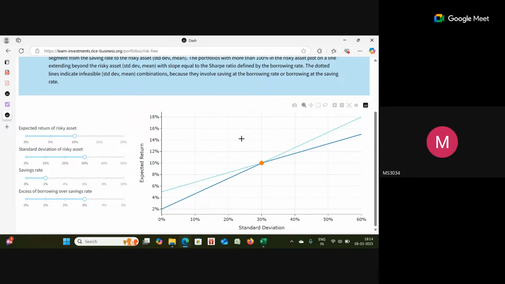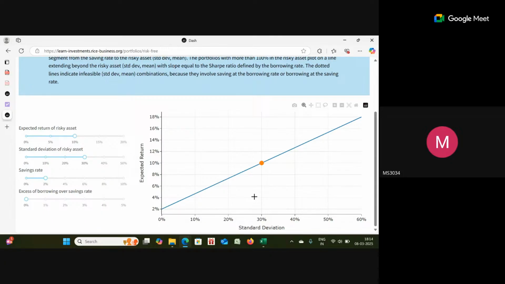So you are investing more than 100% of your wealth in the risky asset, and you are borrowing. If the saving rate and the borrowing rate are the same, then this is the capital allocation line which we will have, a straight line.